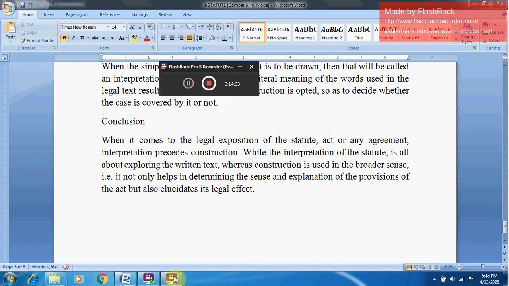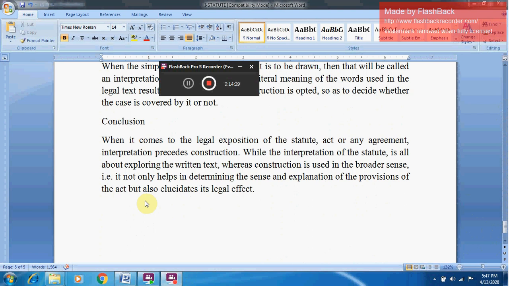That means, in this context, we already discussed the meaning of interpretation, the purpose and the basis, and the definition of construction, when it will be construed and how it can be construed, and a comparison between construction and interpretation, and later on we have also discussed the conclusion regarding the distinction between interpretation and construction.